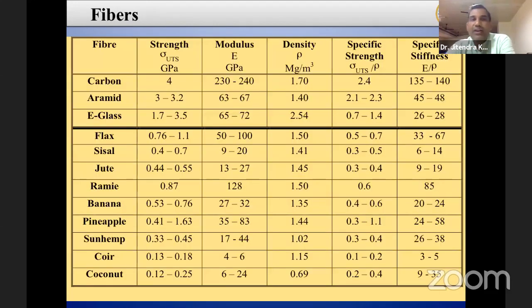So here you can see the different fibers and their properties. I compiled all the fibers with their properties. These are the synthetic fibers: carbon, aramid or e-glass. From this table you can easily observe that whatever the synthetic fiber, the strength is good, but that also means they are harmful for the environment and other aspects, not biocompatible, but the strength is good.